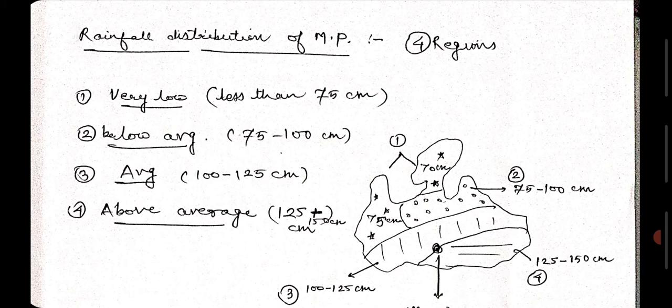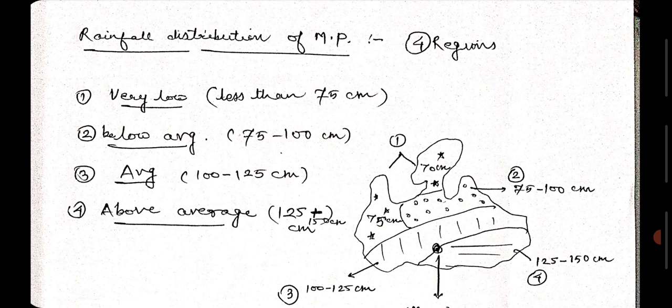Then second is below average, 75 to 100 centimeter. This is Vindhyan region, Rivapanna Plateau, and some part of Bundelkhand.